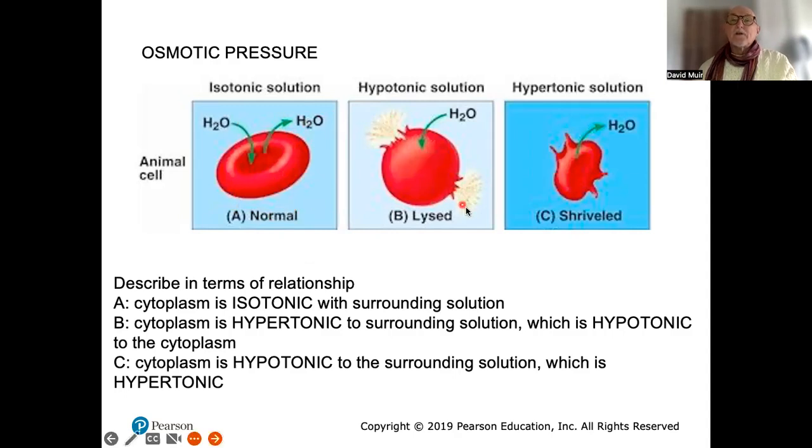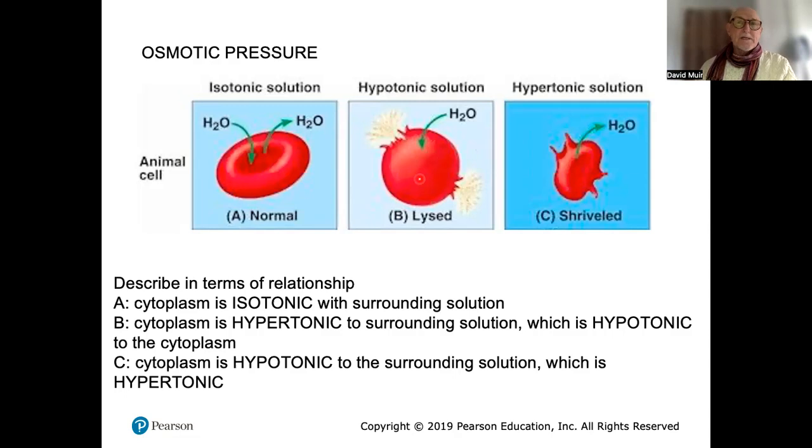Let's move to a situation where the outside solution has far fewer dissolved salts, etc., than the interior. Well, what is our situation now? What is the concentration of water molecules outside and the concentration of water molecules inside? This is a situation which most environmental cells face.